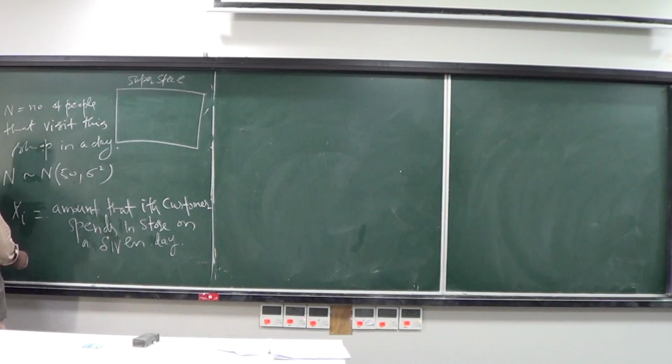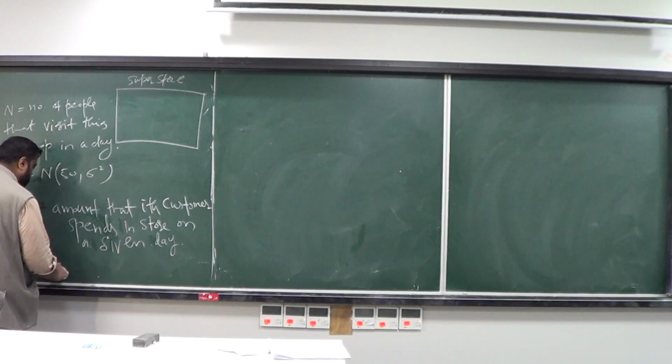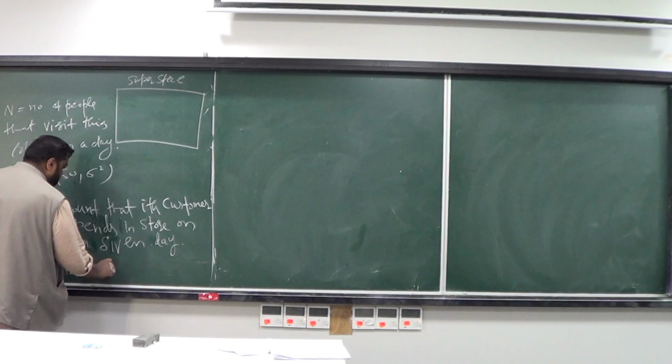So you can say that basically there are n amounts. In other words, x1, x2, up to xn, so there will be n random variables.